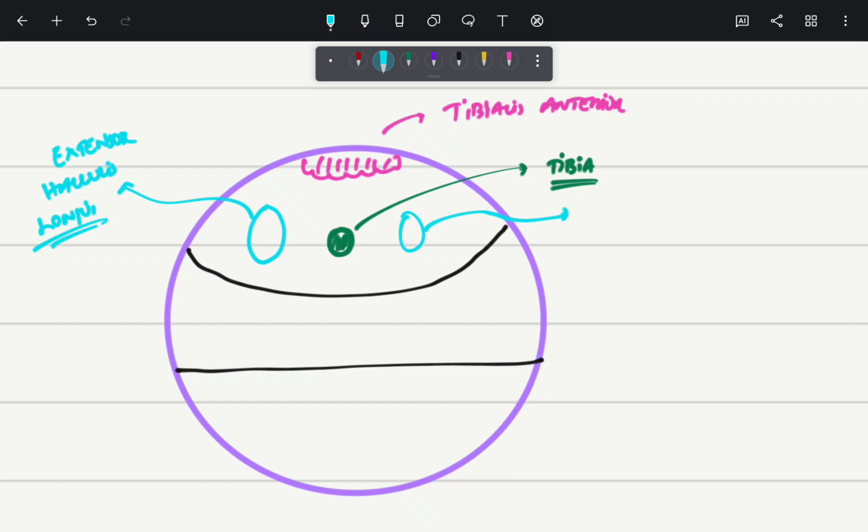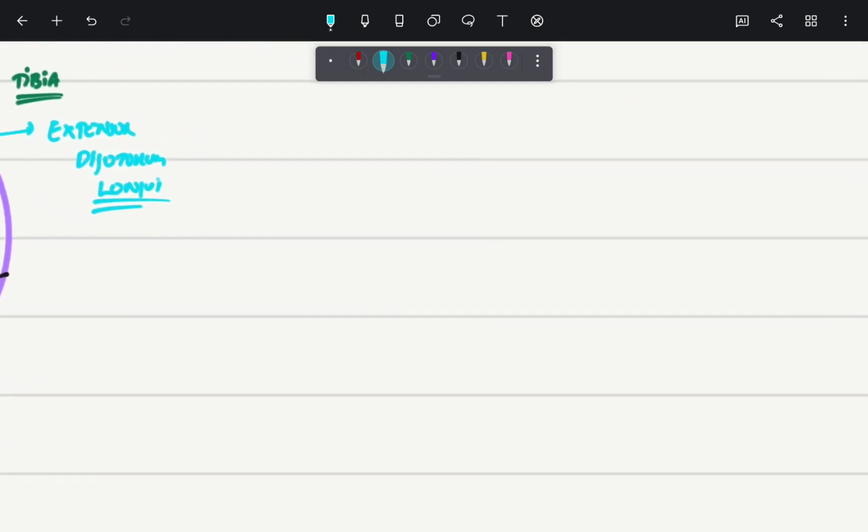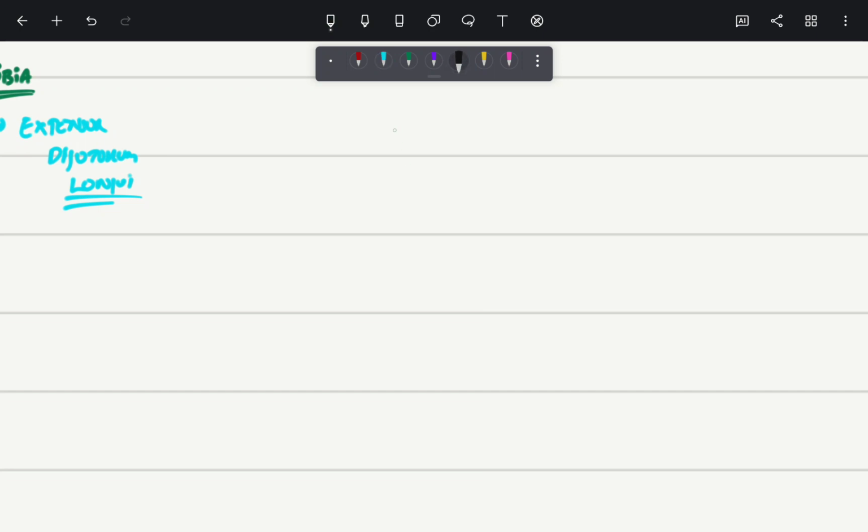And there is another muscle called your extensor digitorum longus. Now what is the function of this extensor hallucis longus and extensor digitorum longus? In order to understand this we have to draw the foot.